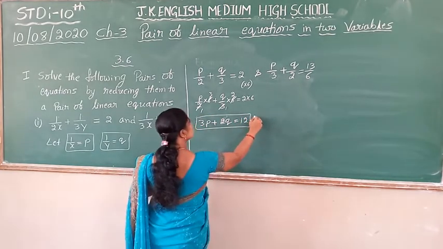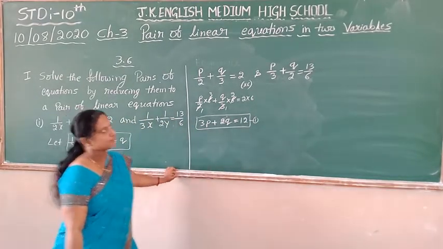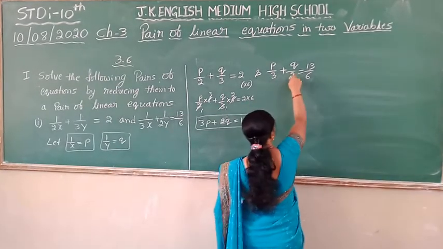So we have reduced it to the general form of linear equations in two variables. Now we observe this equation. What is the LCM of 3 and 2? It is 6.